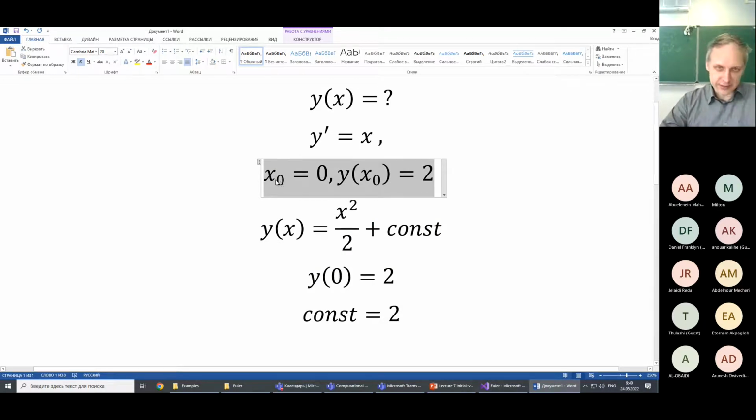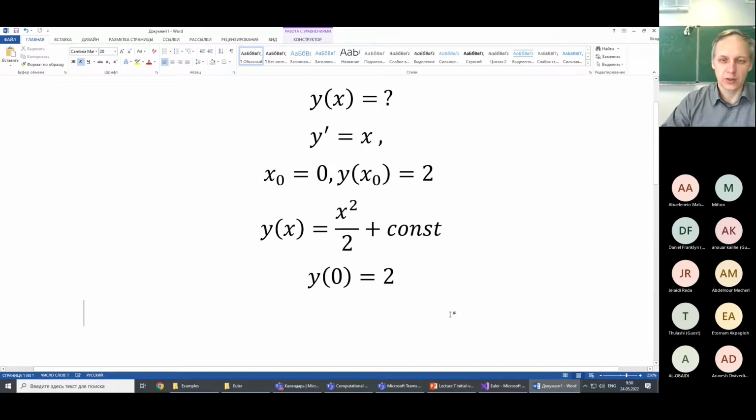Let's consider the same condition, that x0 equals 0 and y of x0 equals 2. The same initial condition as in the previous case. So it means that y of x0 equals 2.